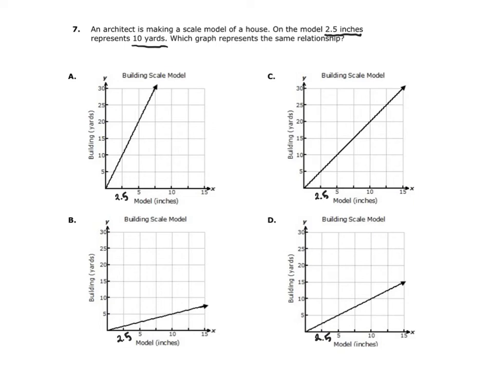So I'm going to take from that 2.5 and map up to 10 on every single one. And there is only one graph where the line that is graphed actually touches 2.5 and 10. And that is A right here. 2.5 and 10 is where that line meets. So our answer would be A.